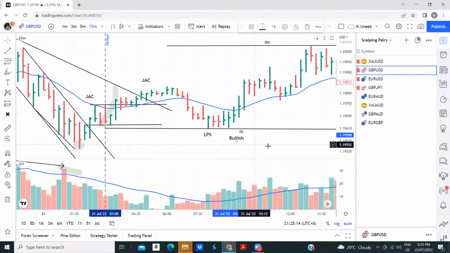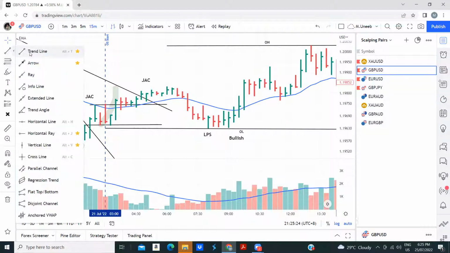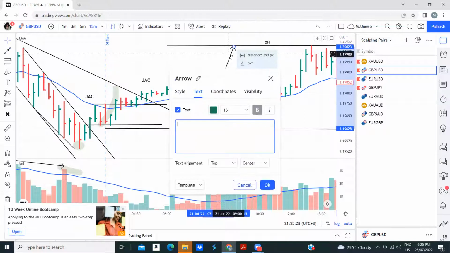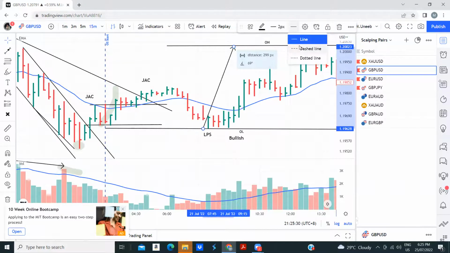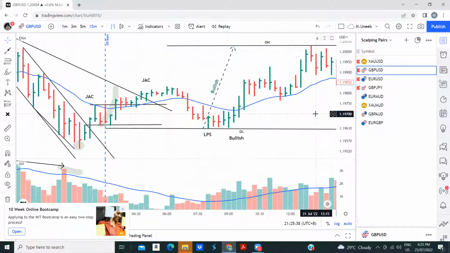And now what happens when the price is going from overnight low to overnight high? What is the bias? Bullish. Easy. When the price is going from here to here, let me mark this dashed line. Bullish.